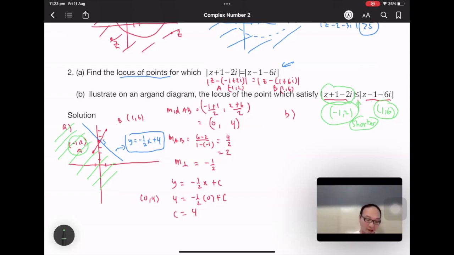For example, I have this coordinate z. So the distance from z to A will be shorter than the distance from z to B. And this is the inequality, smaller than.